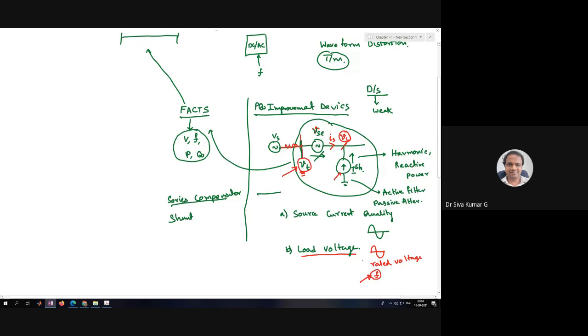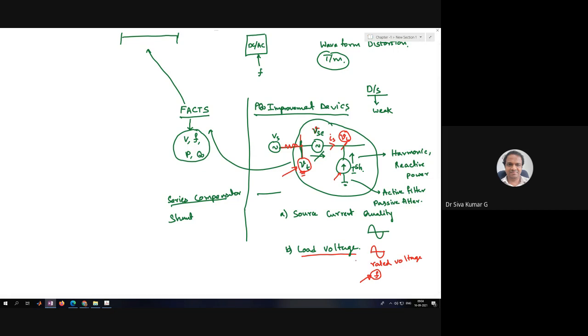Don't think that at the distribution level the frequency can be changed. It cannot be altered, because to alter the frequency at the distribution level we would require a huge amount of power.